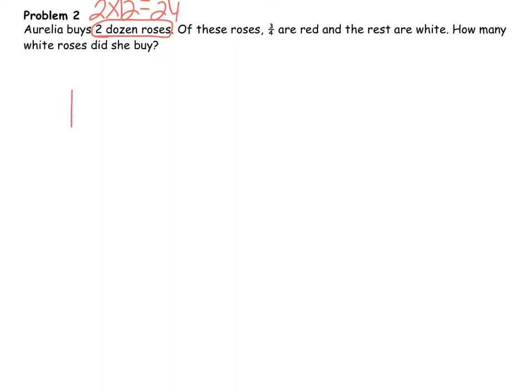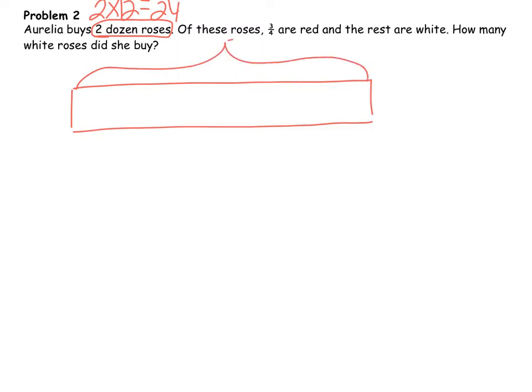So in my tape diagram, I know that I start with a total of 24. Based on that it says 3/4 are red, I know that I've got 4 groups. So 3/4 are red, so these are red, and this is white.